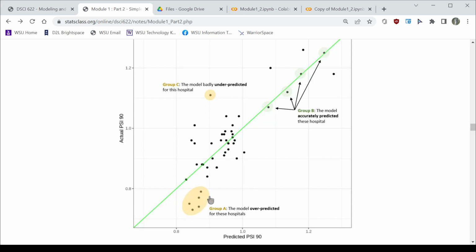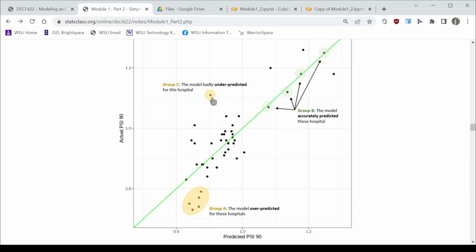So all of the hospitals here are going to be over-predicted. The model's going to over-predict for those. It's a little counterintuitive because it's under the line. But again, that means that we would predict them to be up here, but they're actually down here, so they're over-predicted.